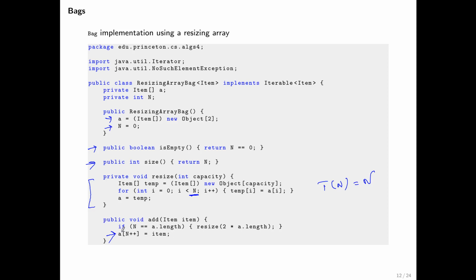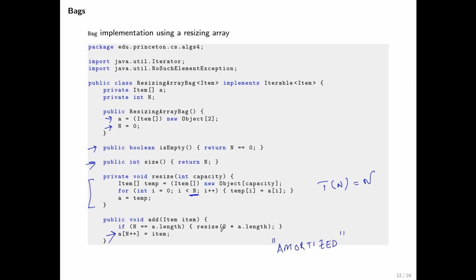Well, if you actually carry out a full-blown mathematical analysis of add, you will see that in the average sense, or in what is called the amortized sense, the running time of add is actually constant. That is because we call resize, this linear operation, very rarely, or only once in a while.